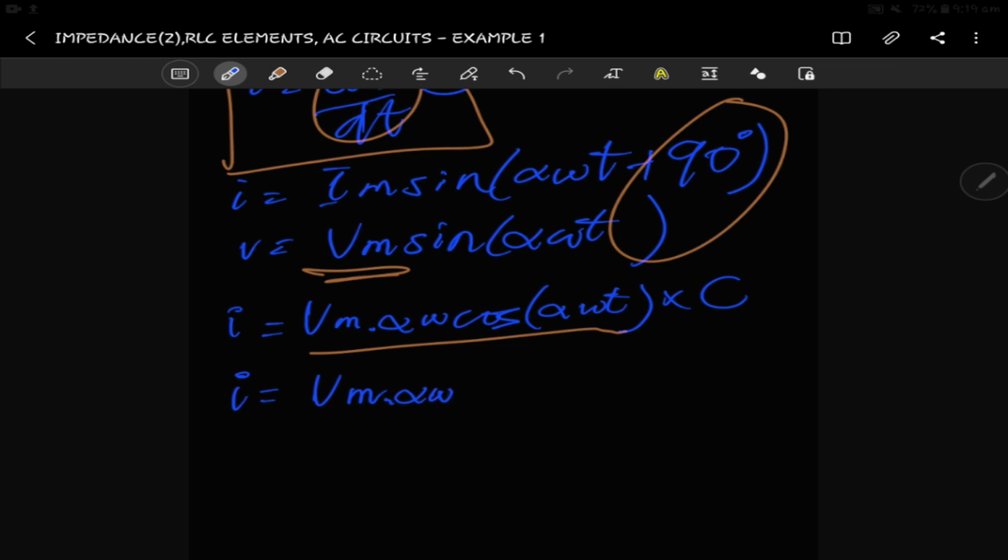You can even bring the capacitance somewhere here, and then we have sine, and put this, and then add the plus 90, right? These are all just ways of representing the same thing. But then we're going to solve an example to see what's happening.